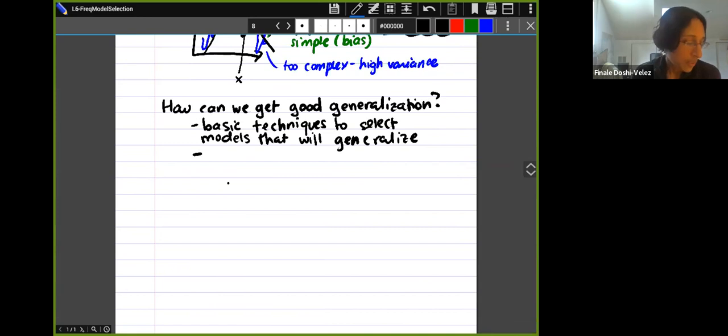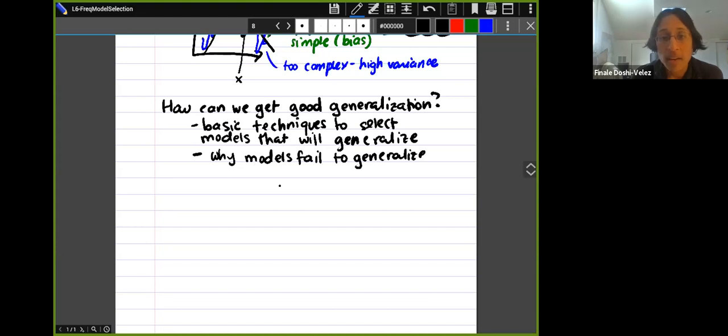Next, we're going to talk about why models fail to generalize, and this is going to have to do with this bias and this variance. And then finally, we're going to talk about ways to get around bias-variance trade-offs.